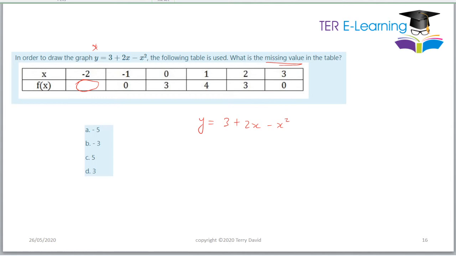Alright, so I need an answer before I work it out. Alright, so I'm seeing some E's.